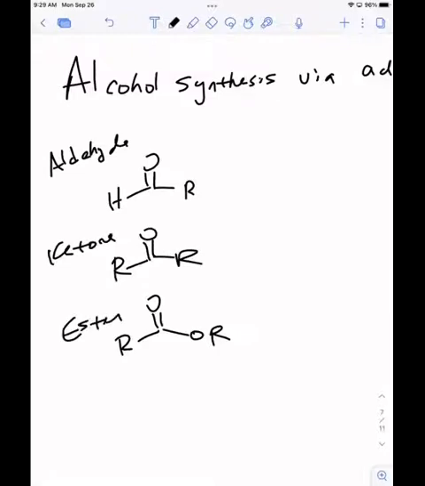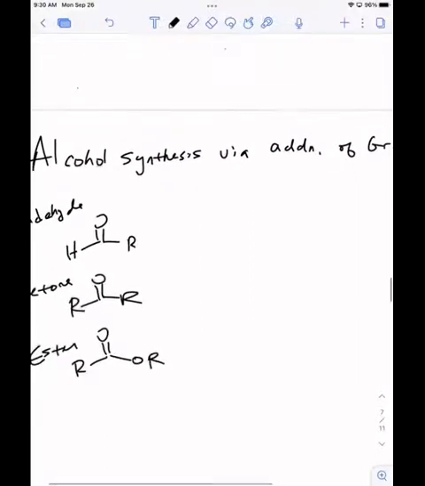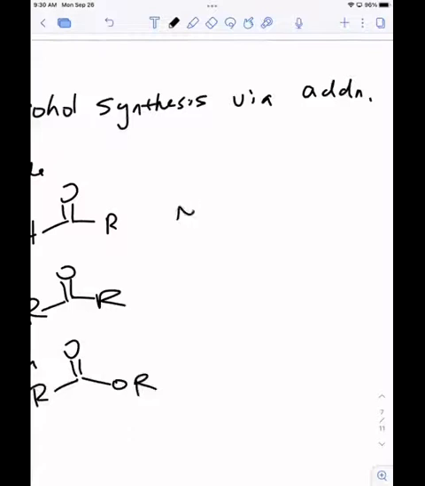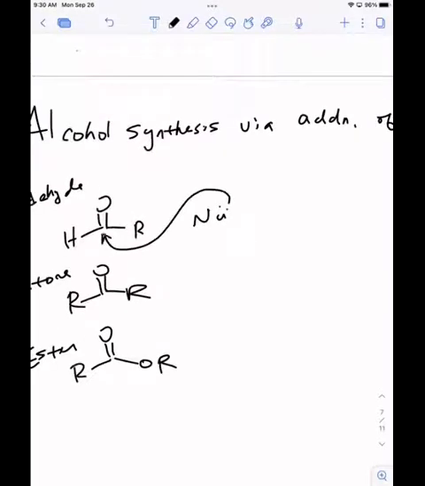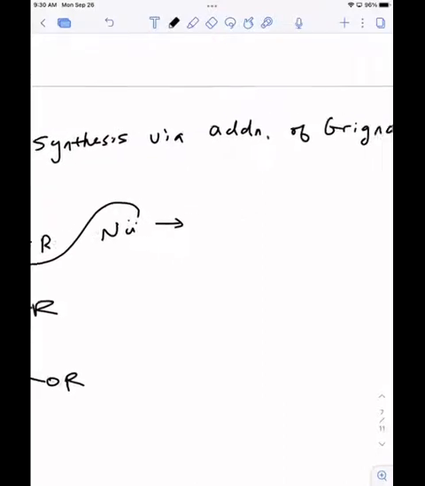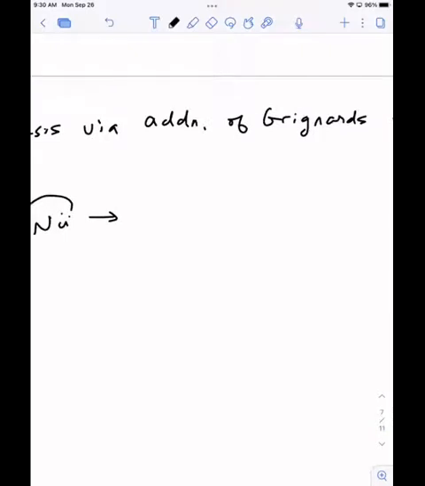Right, if you add a nucleophile like a Grignard to any one of these, I'm just going to give the basic mechanism. If you add a nucleophile like a Grignard to any one of these, it's going to attack that carbonyl carbon. Right? Every one of these is going to go through the same type of intermediate.